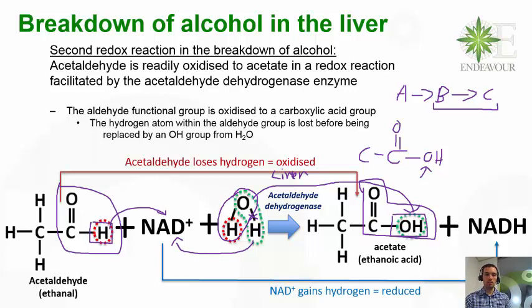Here we can see the movement of these different parts of the water molecule. The part in the green circle here is what's incorporated into the compound and forms part of the carboxylic acid functional group, whereas the other hydrogen gets donated to NAD+. So that goes there.